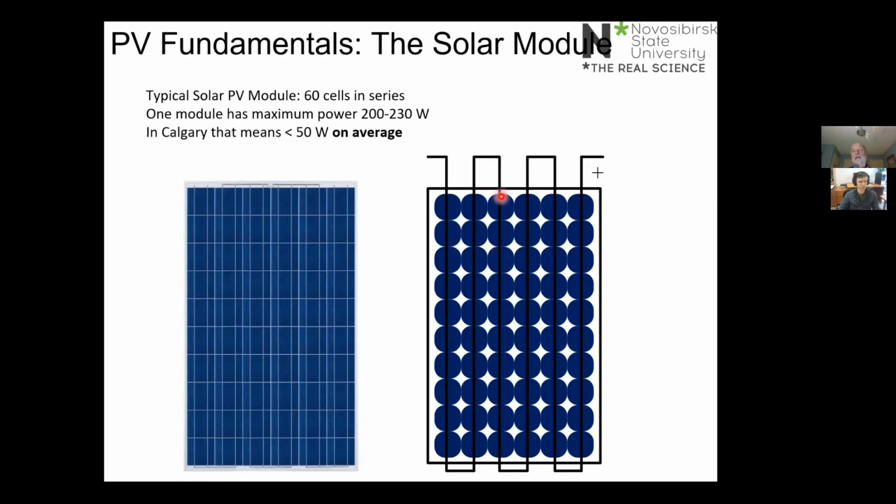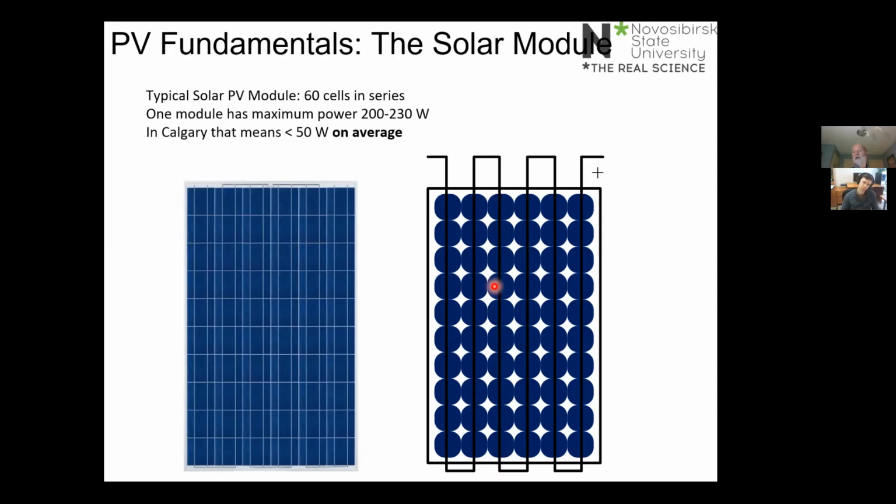This series connection is also the reason why shading is such a problem for a PV system, because as I will show you in the next lecture on Tuesday, if you could shade just one of those cells and one cell only, you would stop the whole module from working.